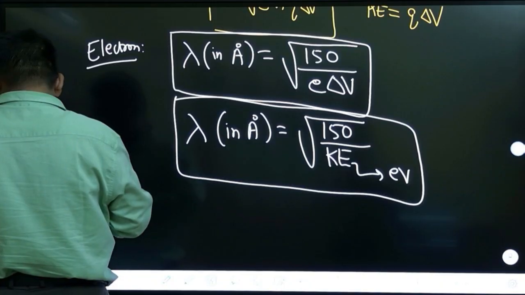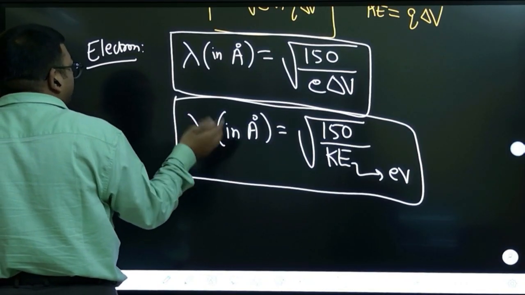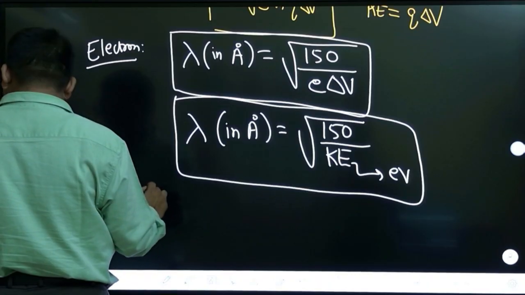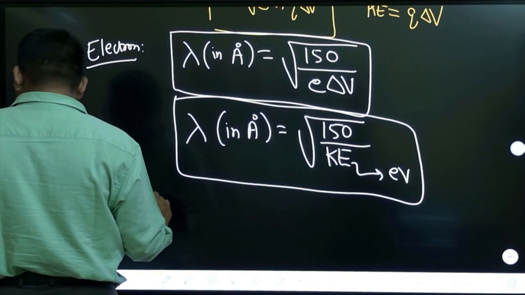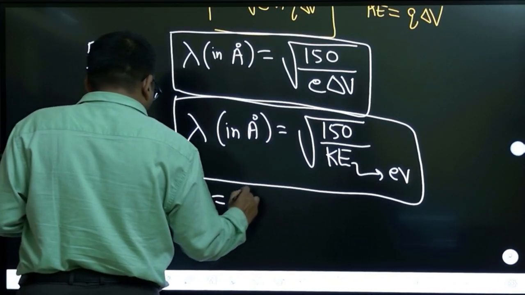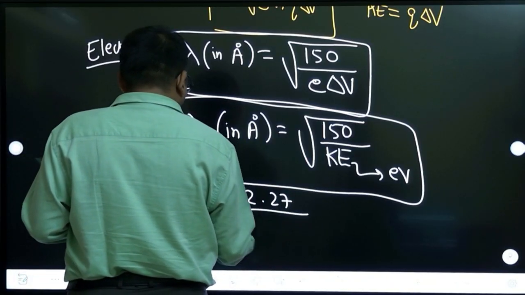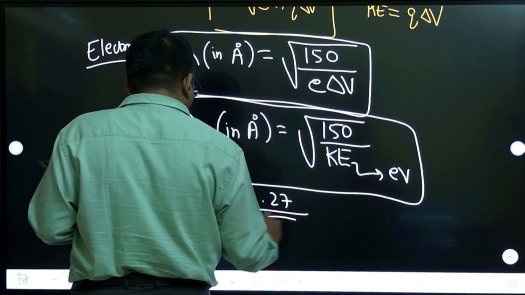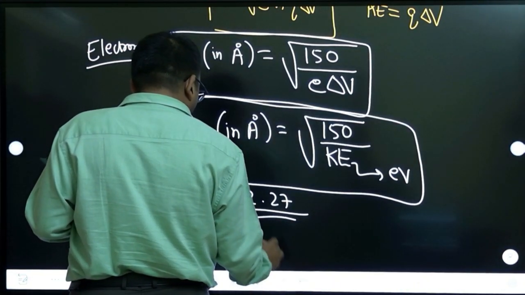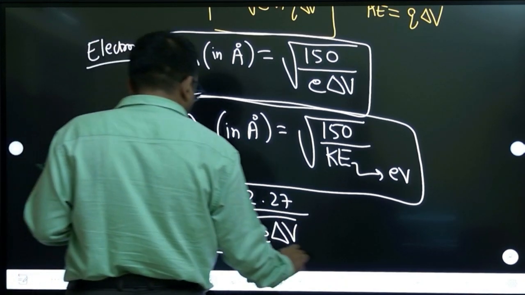Then what else? If you put it further, you may also get it in angstrom nearly 12.27. 12.27 divided by root of voltage, or root of e into delta V. Delta V they will give, you substitute it here.